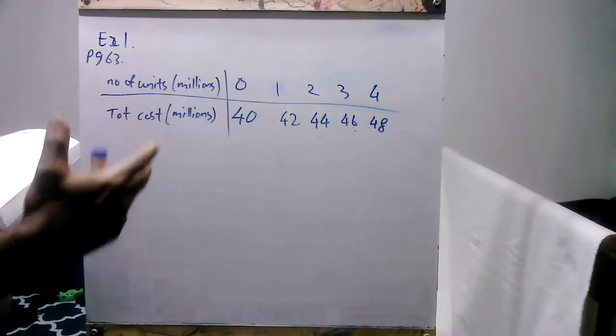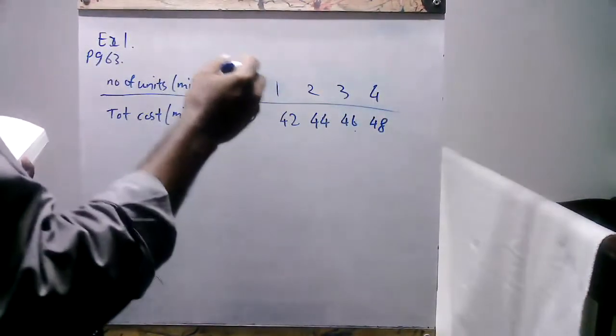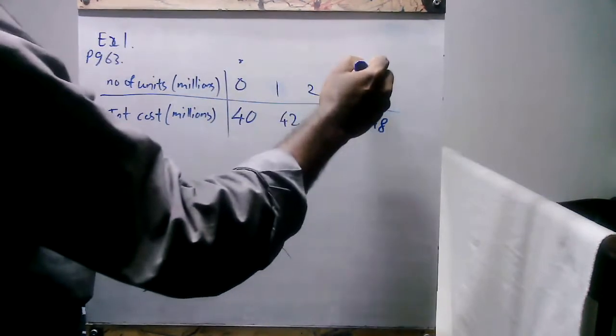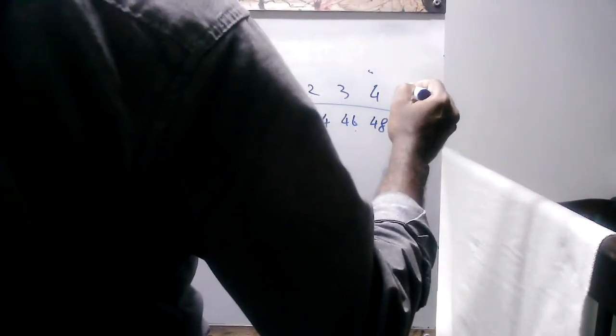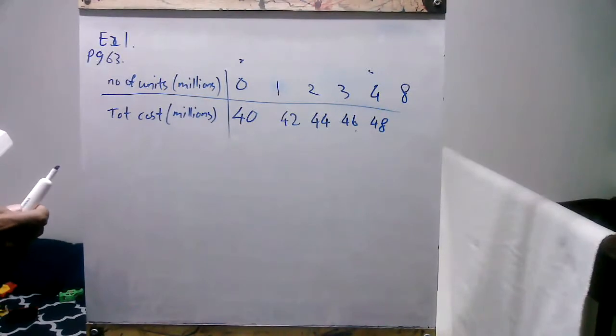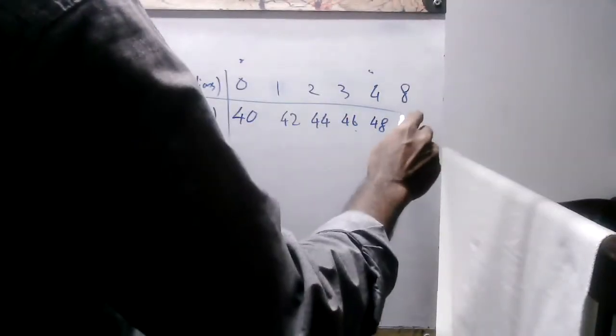The idea is the book wants to show you little bit far away points. After that, we can calculate if it is 8, then this should be 56.